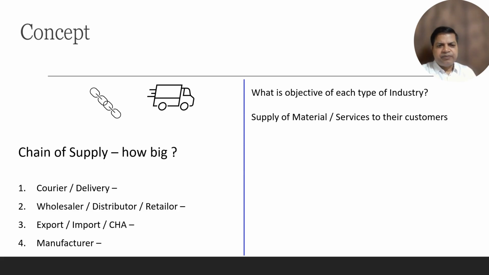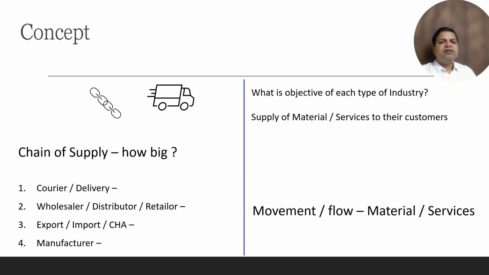So with this objective, if we consider this as the objective of the company, we can clearly define now what the supply chain is. Yes, you understood rightly. It's a flow of material or movement of material or services, and all this is happening to reach the consumer or the customers.